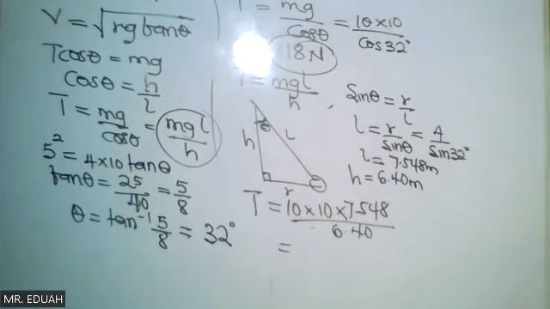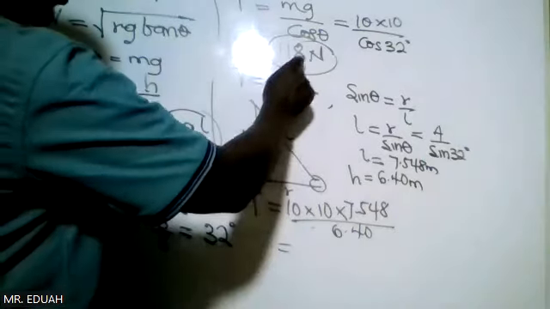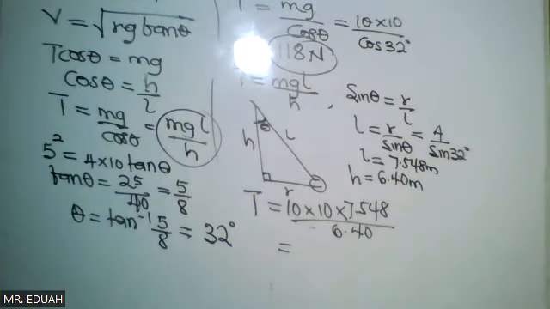So let's see. 754.8 divided by 6.4, you get 117.9. Yes, close to 118. So this is another way of determining T.